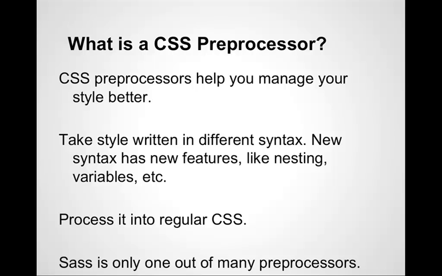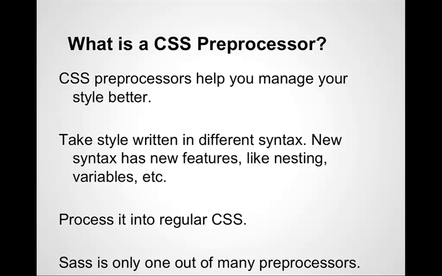Borrowed. So we're going to talk about Sass here, but the first question is, well, what's a CSS preprocessor? Because that's what we're here for. So preprocessors help you manage your style.